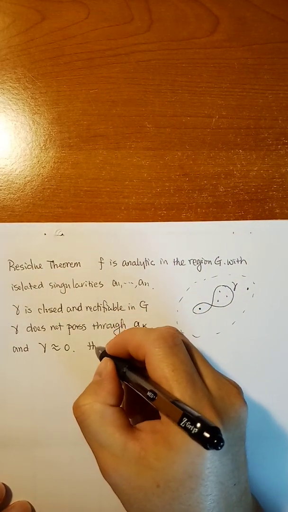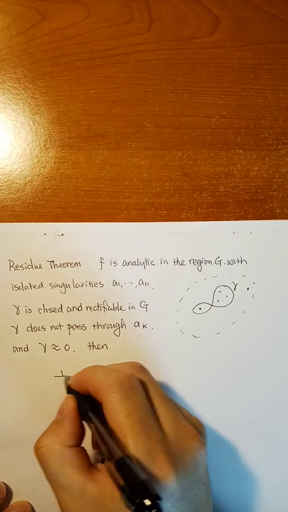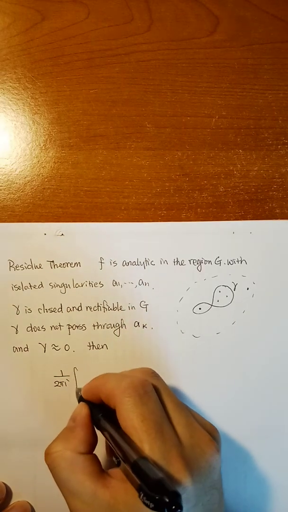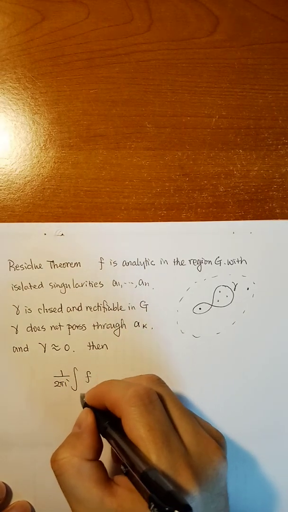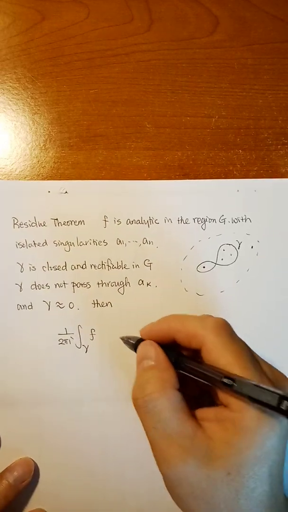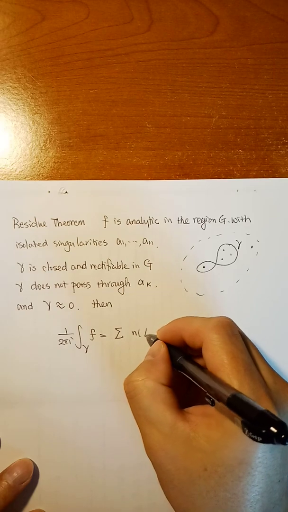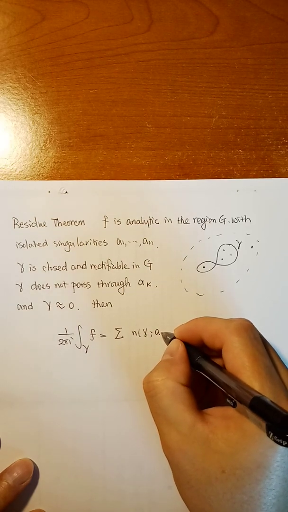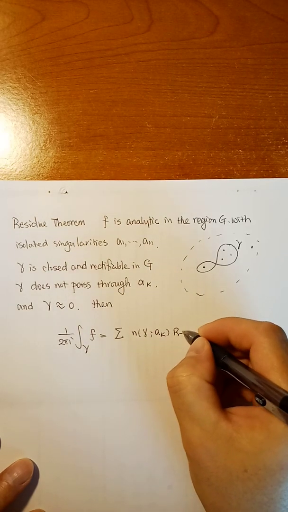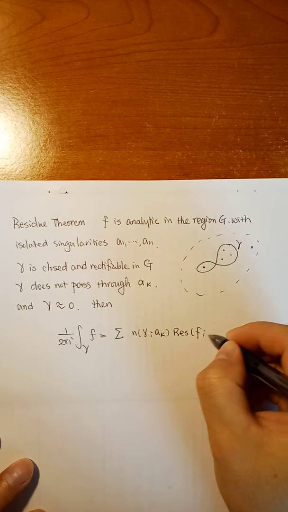And then the integral of f along gamma is equal to the sum of the winding number with respect to ak times the residue of the function with respect to ak.